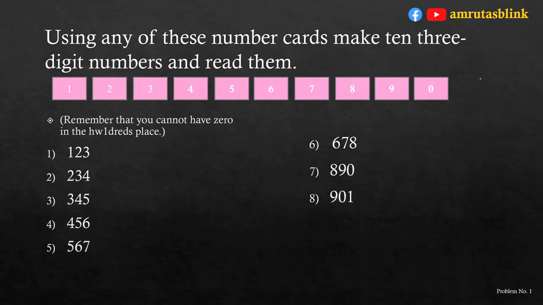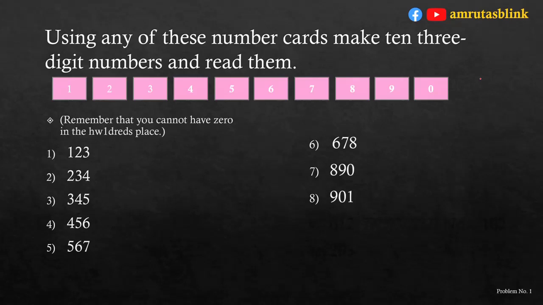But now if we move ahead, we cannot have 0 at the hundreds place, because if we have 0 at the hundreds place, then the number will be 0, 1 and 2, and ultimately it is nothing but a 2-digit number. In the question it has been asked that we need to create 3-digit numbers.